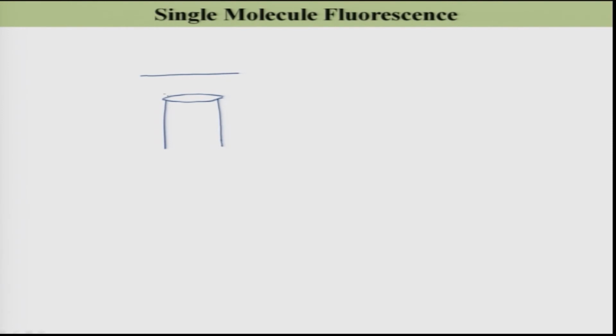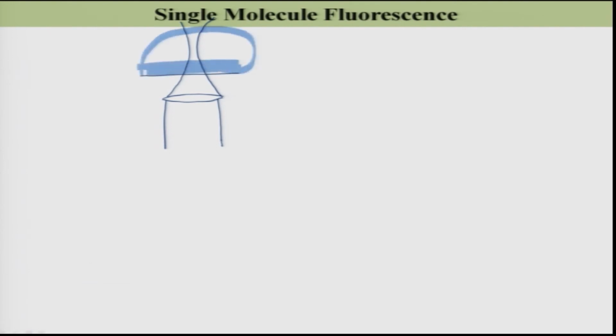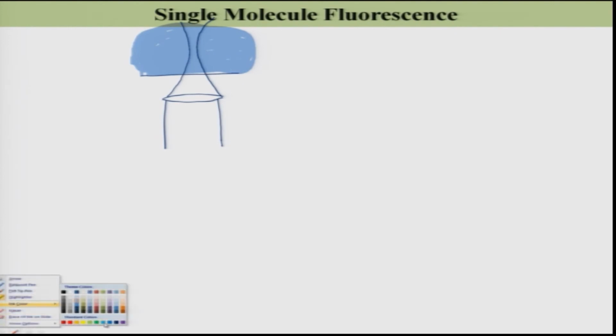This will focus like this way, and your sample is present over here. Here the whole position is your sample position; your sample is present all along over here, on top of this sample stage, and this excitation light, let us say, is like this.